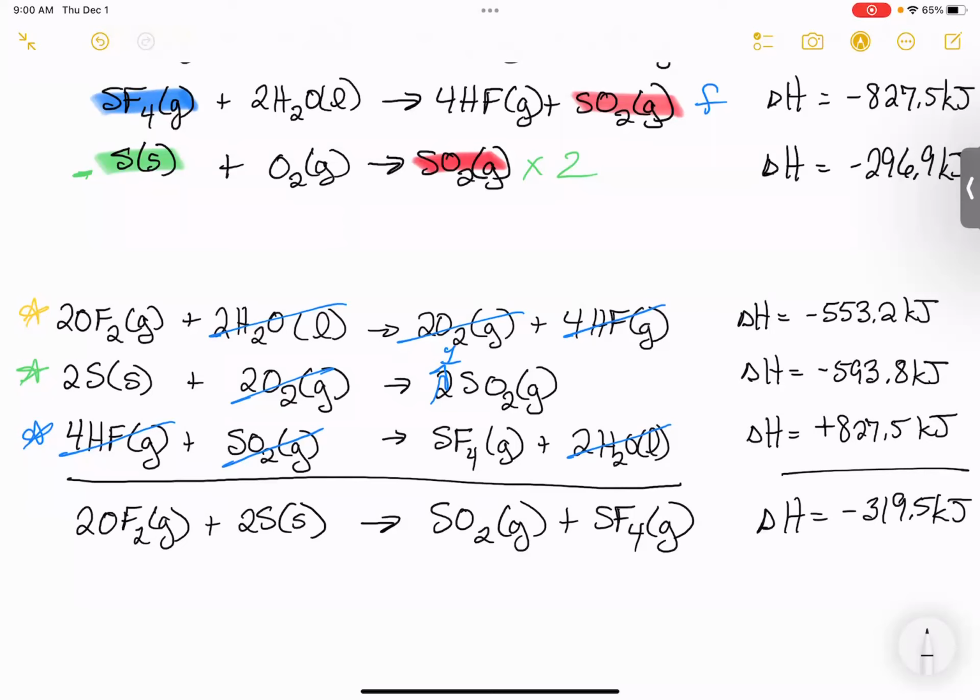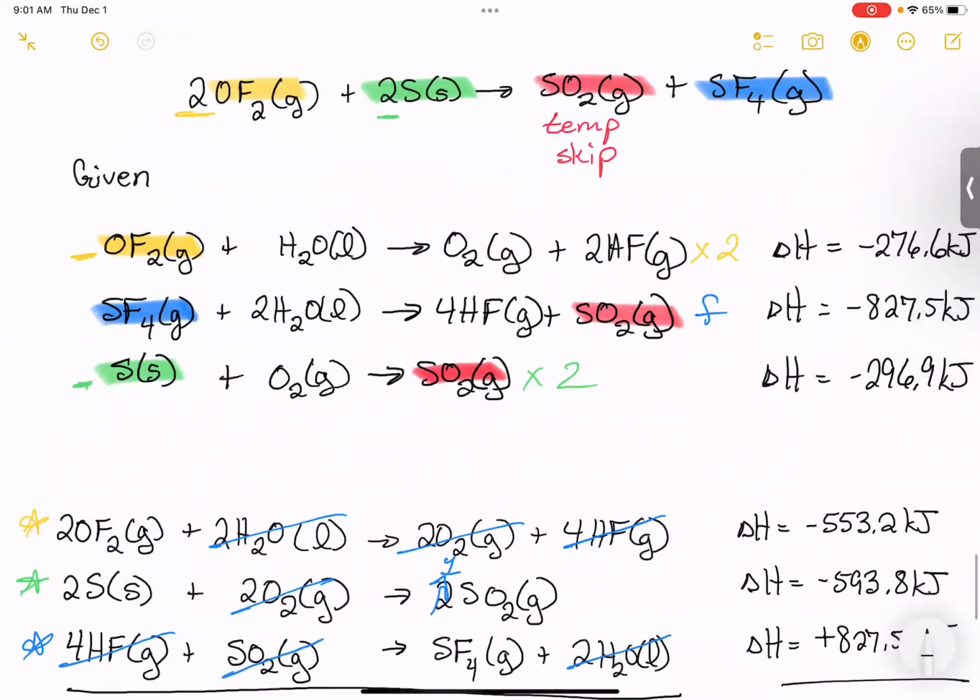What you will notice, folks, is even somebody that's been doing this a while has to go back and forth and look at it. Hess's law is kind of like a puzzle, where you work it back and forth until you get the target equation from the desired reactions.